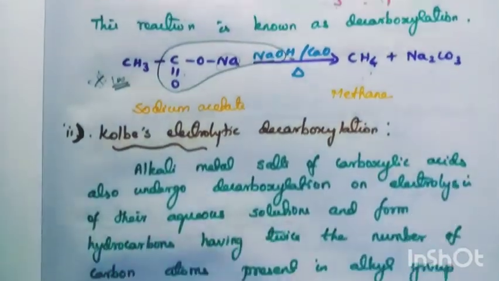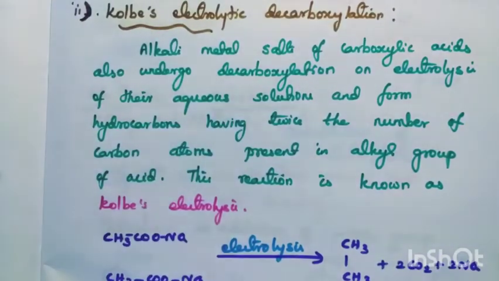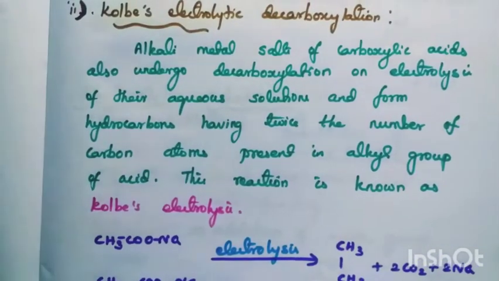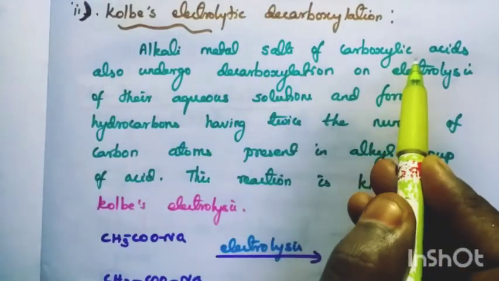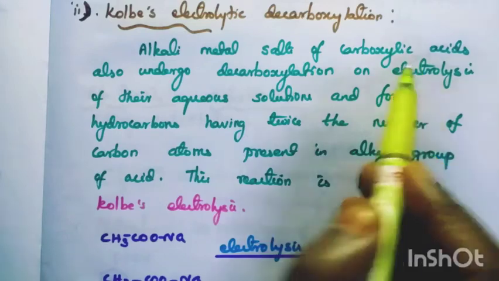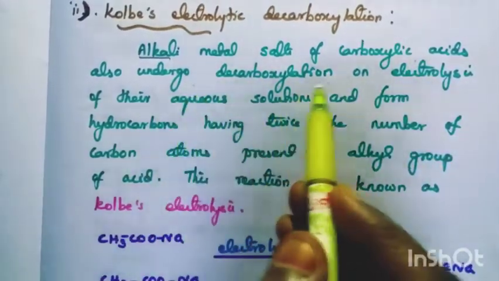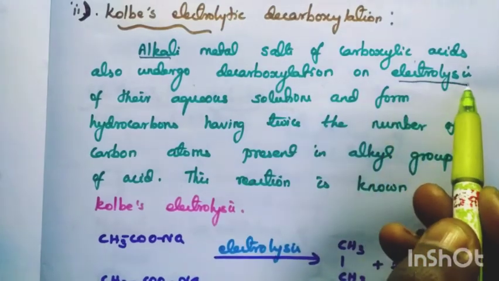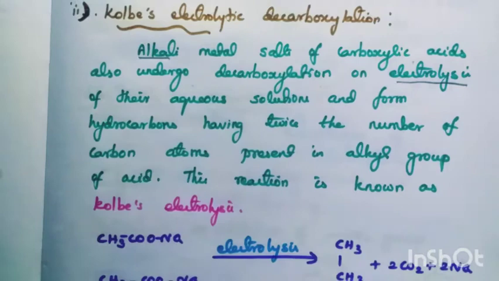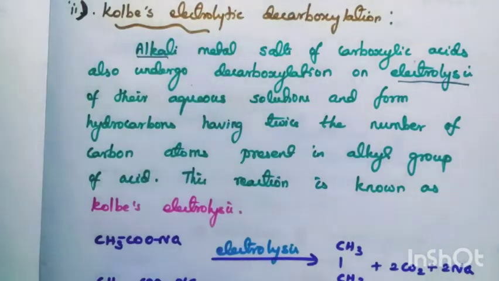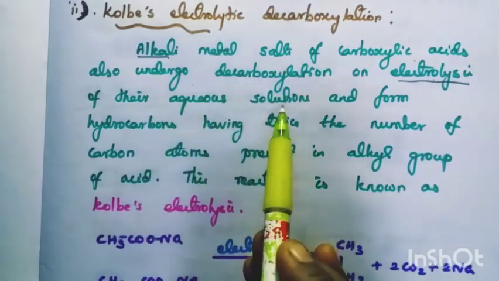Next, Kolbe electrolytic decarboxylation. Here also we are going to take sodium acetate, but we get different products. The alkali metal salt of carboxylic acid, sodium acetate, undergoes decarboxylation on electrolysis. Electrolysis needs a cathode, an anode and an electrolyte, so we take the electrolysis of the aqueous solution.